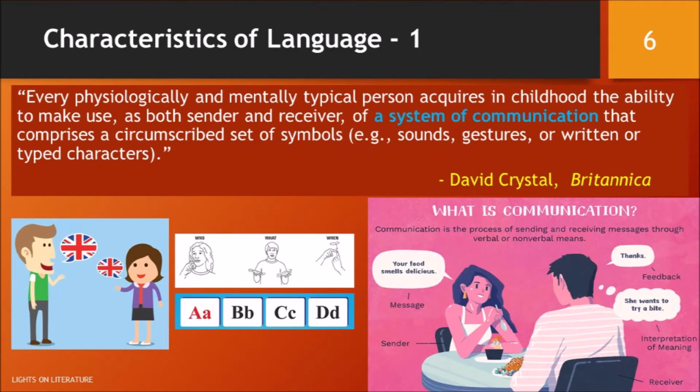Let us see some characteristics of language. Every physiologically and mentally typical person acquires in childhood the ability to make use, as both sender and receiver, of a system of communication that comprises a circumscribed set of symbols, for example, sounds, gestures, or written or typed characters.